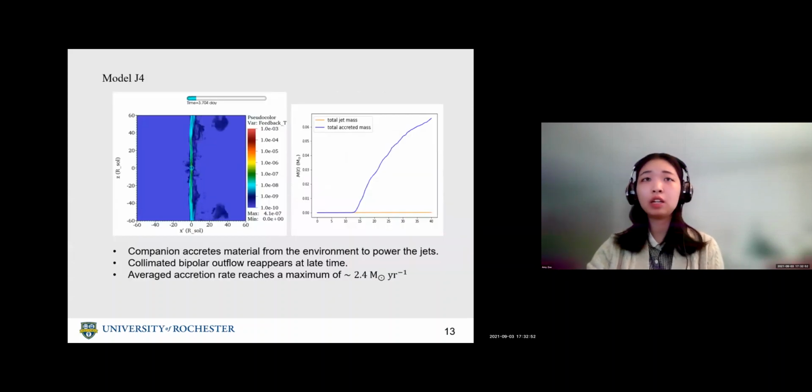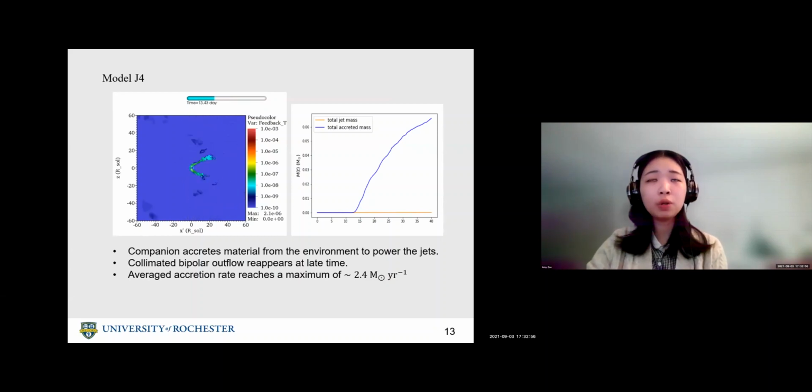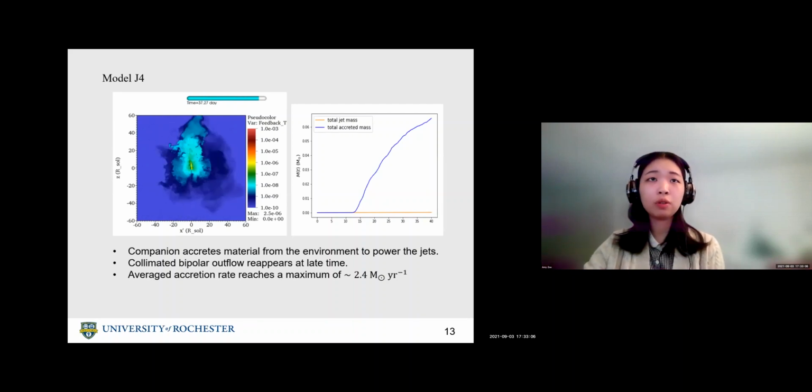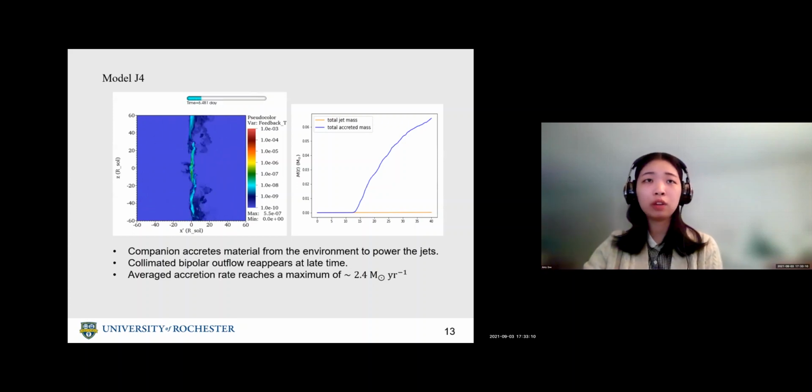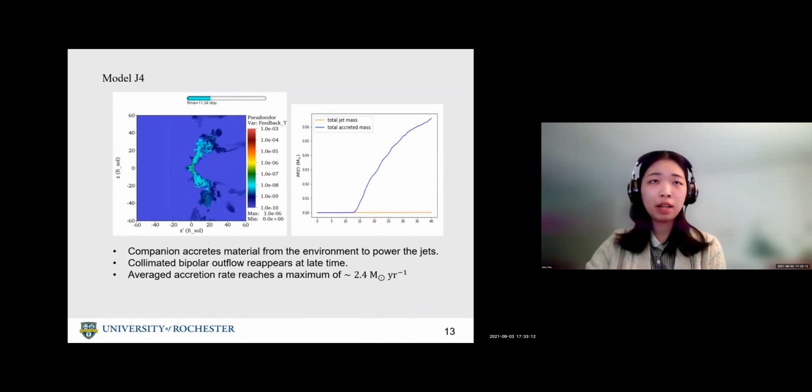As you can see on the right figure, this is our secondary mass. It accretes a lot after the first periastron passage, as we set it to accrete at its local Bondi-Hoyle rate. Because it accretes a lot, it clears out its environment, and at a later stage we can see the jet breaks out again.